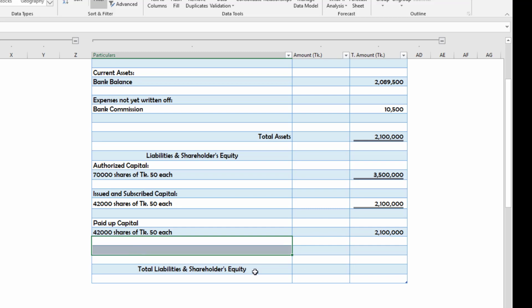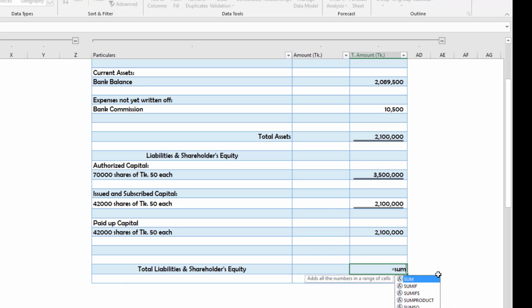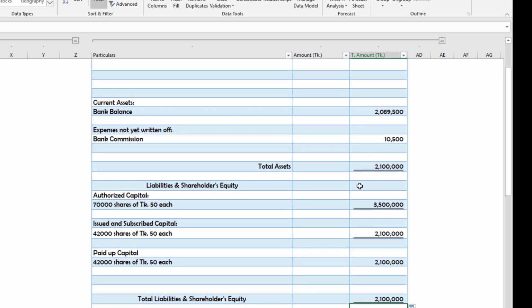Now check our total. This is the total of liabilities and shareholders equity, and this is 21 lakh also. Our total assets and total equities and liabilities are equal.